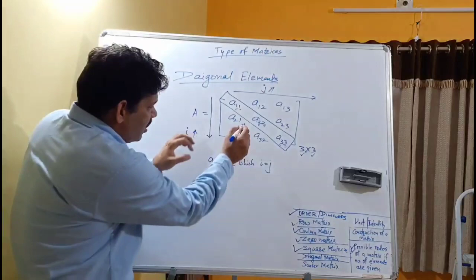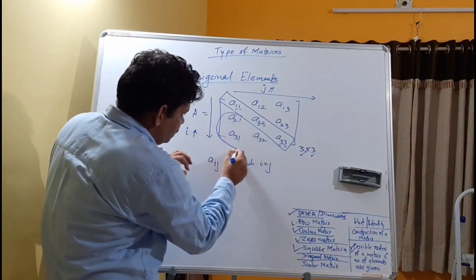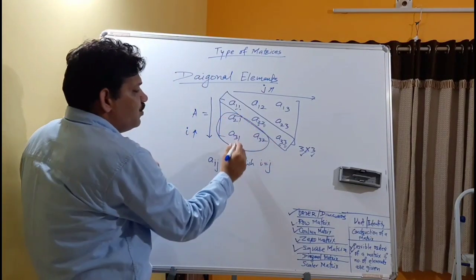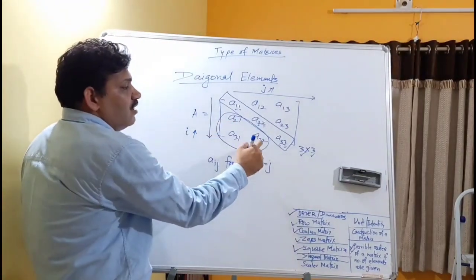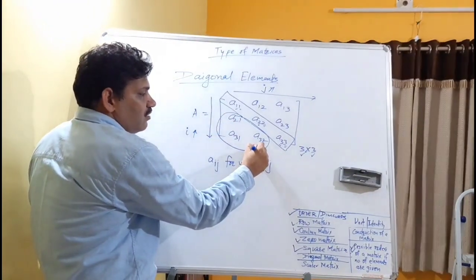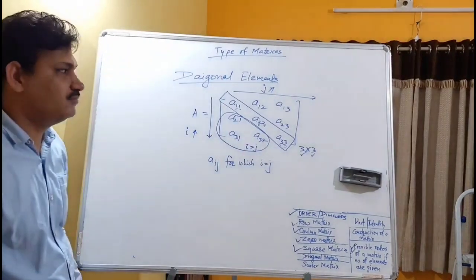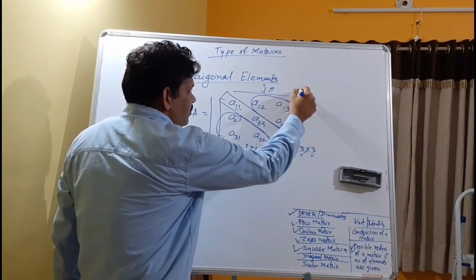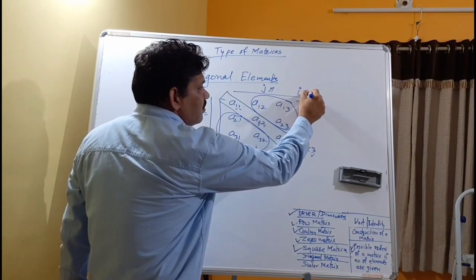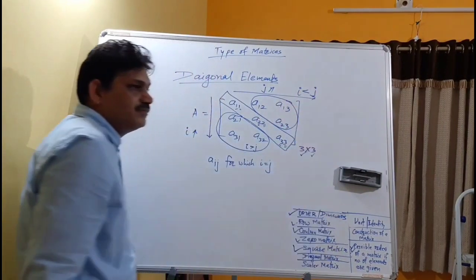So for this part, you can see the row index is greater than the column index. In this part, you have the row index less than the column index.